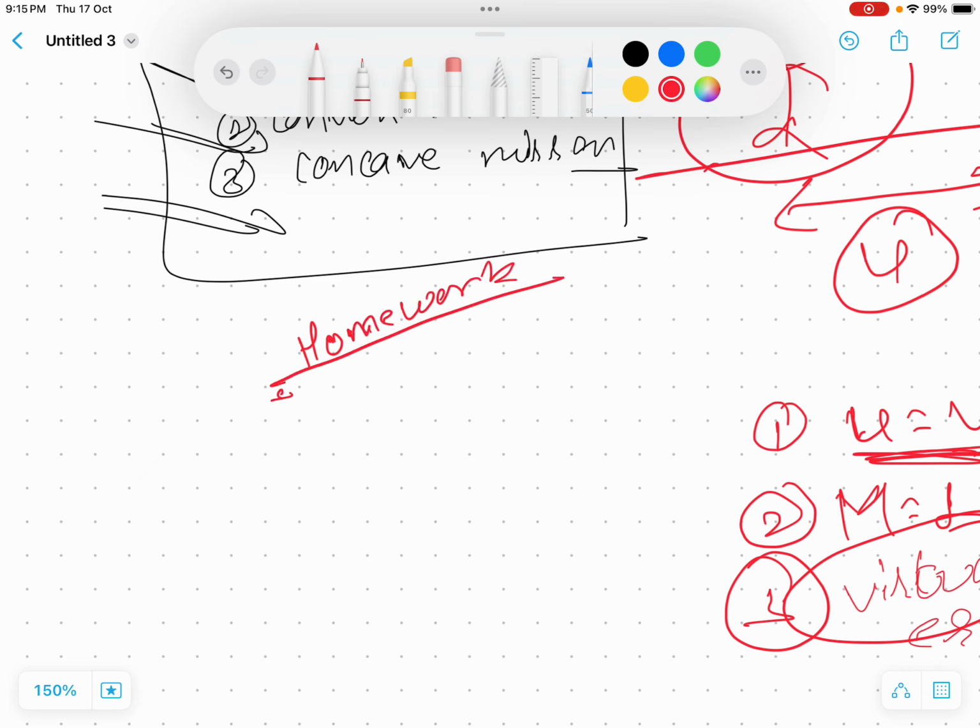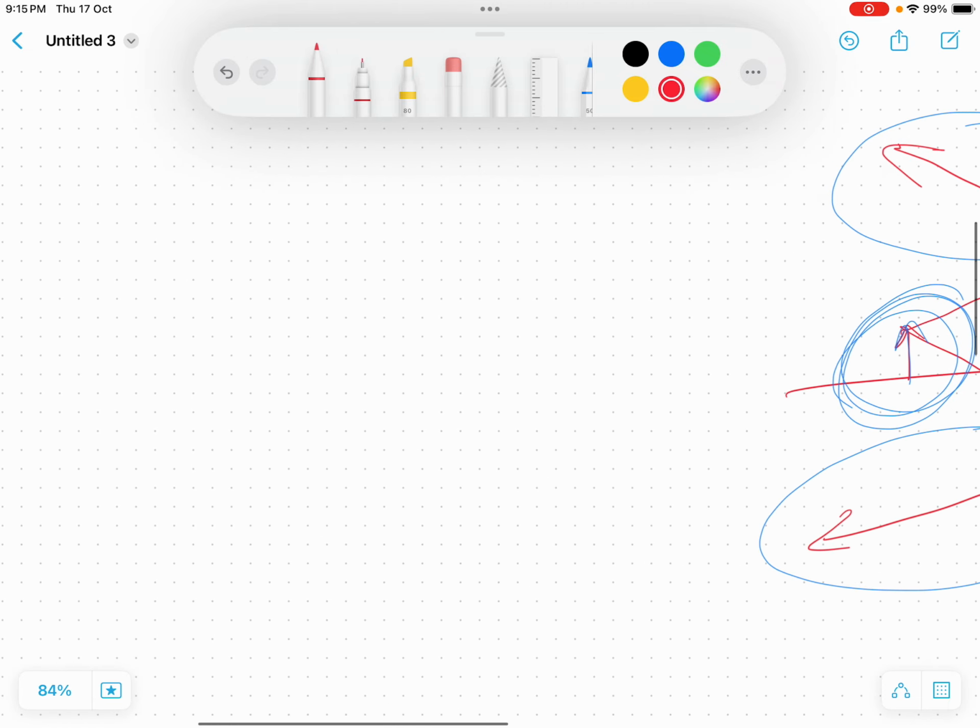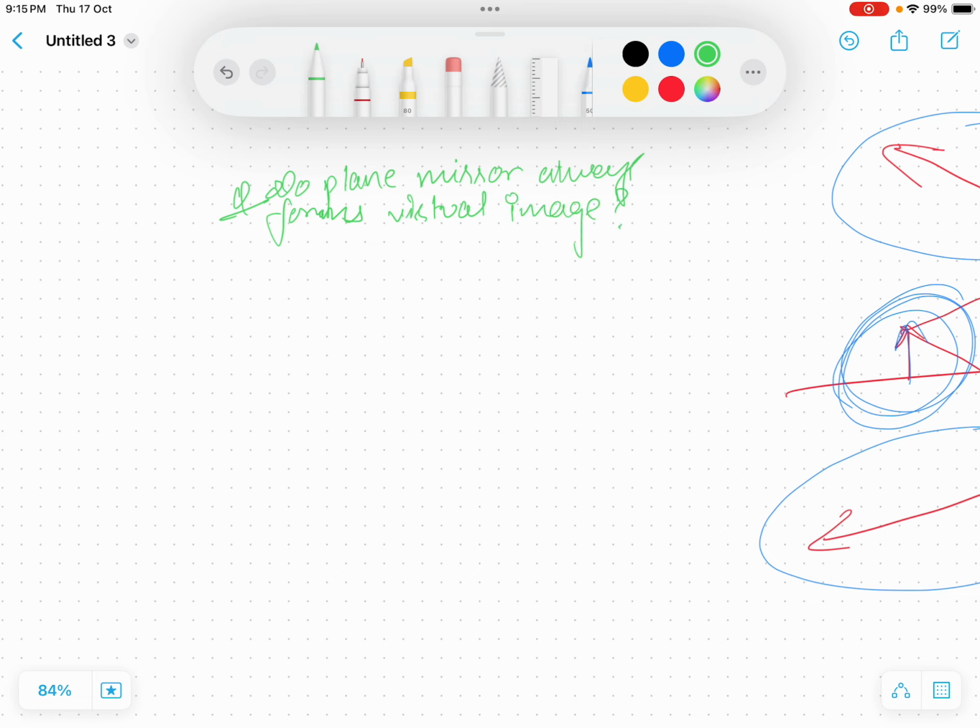Now your homework says, do plane mirror always forms virtual image?